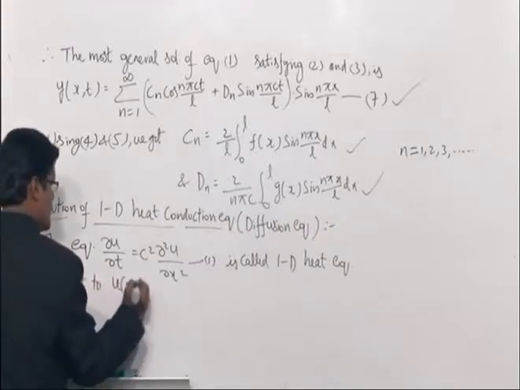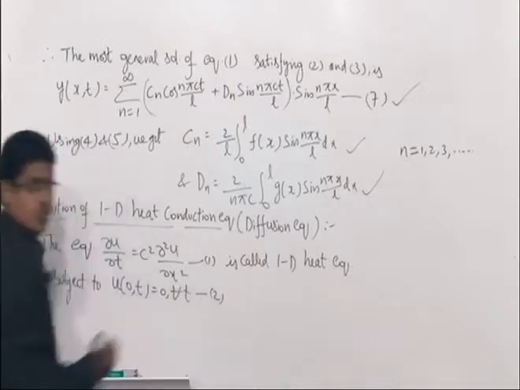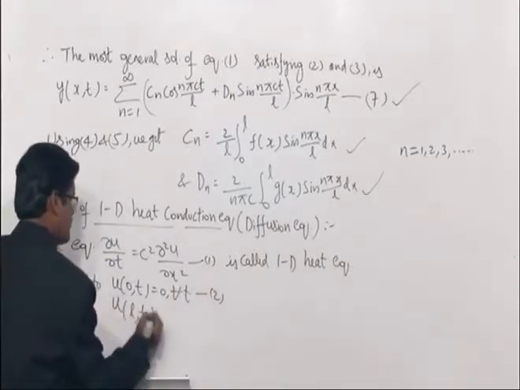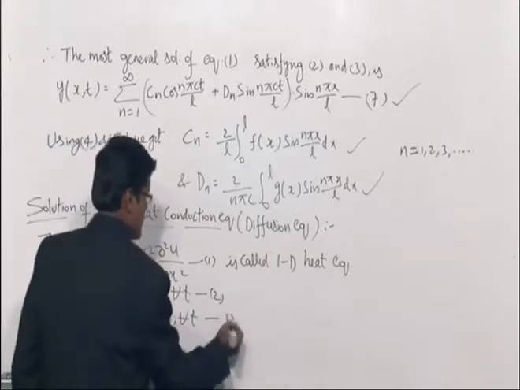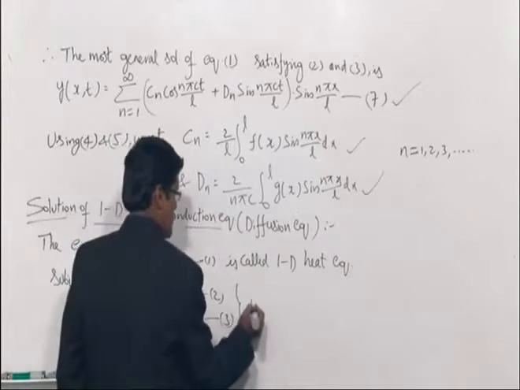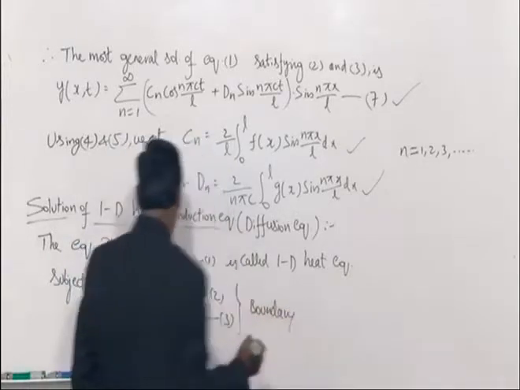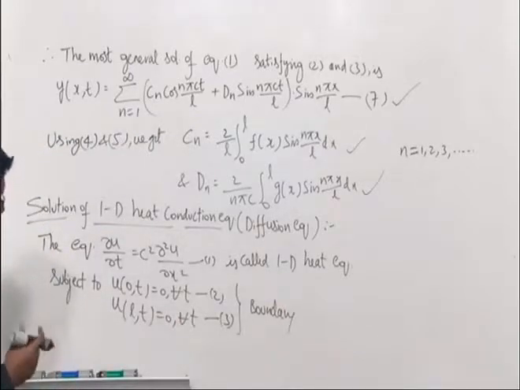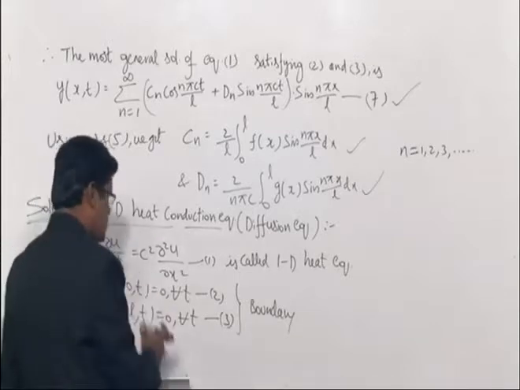u of 0 comma t is equal to 0 for all t, equation 2, and u of L comma t is equal to 0, equation 3, where L is the length of the rod. These are boundary conditions, that is, the temperature at the end points has no change. That means we keep the temperature at the end points of the rod or bar of length L equal to 0.